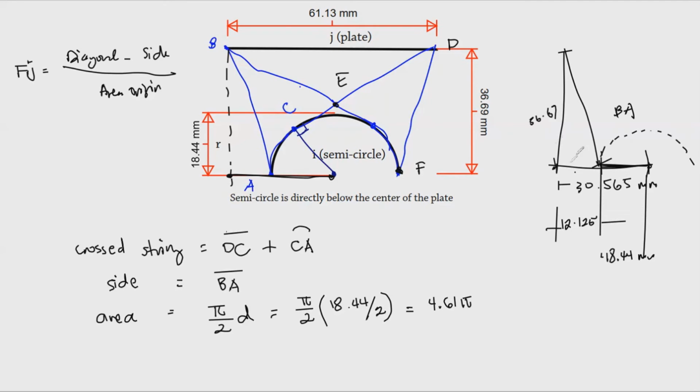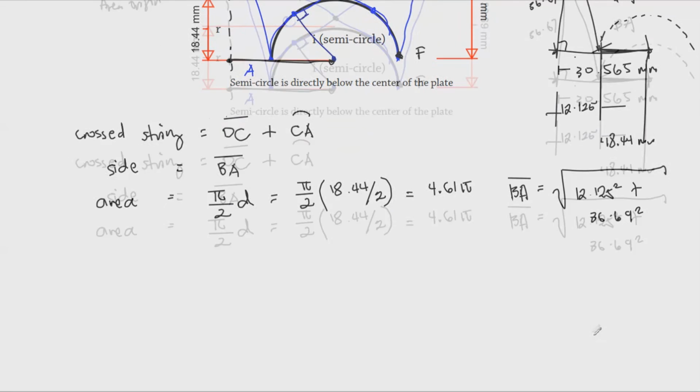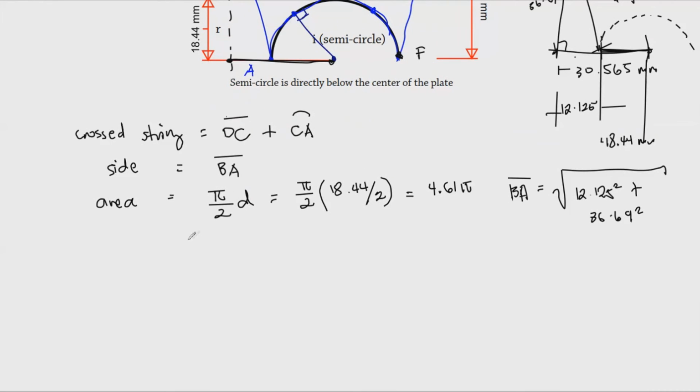And this one here is actually given, that's 36.69. So therefore, BA by the Pythagorean theorem is equal to the square root of 12.125 squared plus the square of 36.69. So the distance between BA is equal to 38.6416.